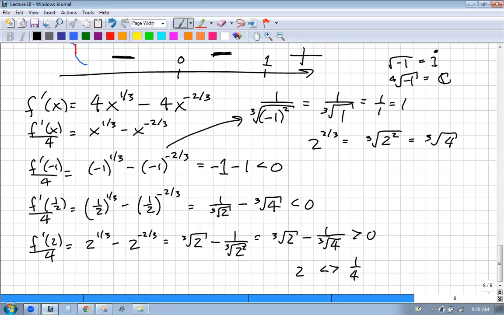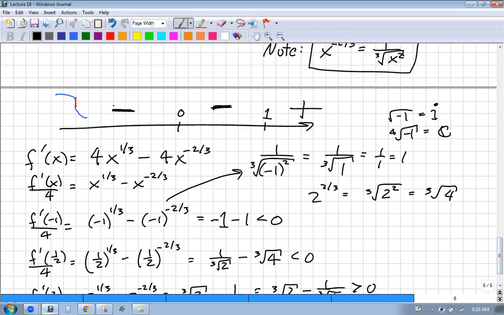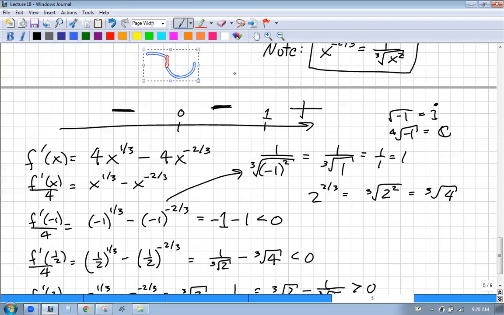Or you can type it in your calculator, right? Okay. So we have something that looks like this. It's decreasing, then it's undefined, and then it's decreasing, and then it's 0. The first derivative is 0, and then it's increasing. So that's kind of the shape of things that we have over here.